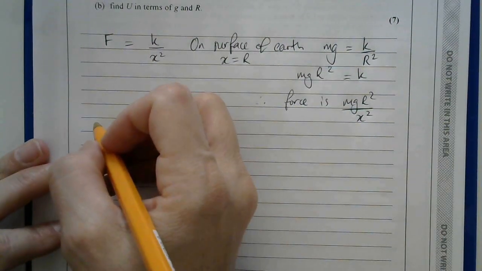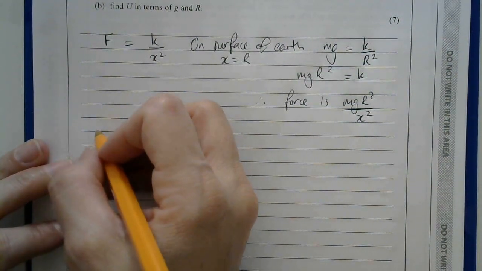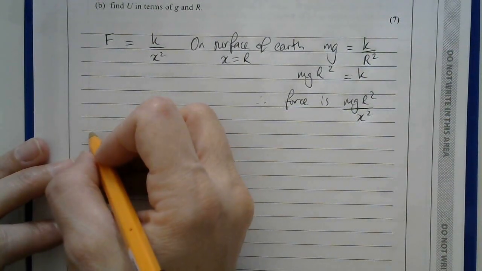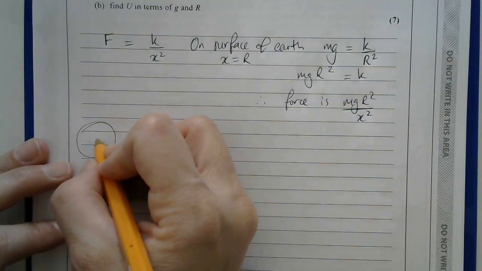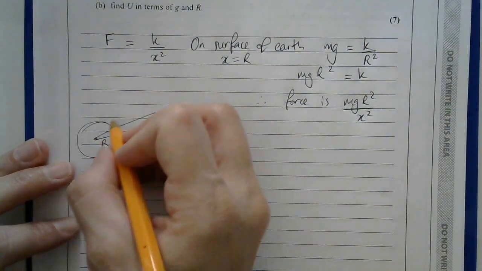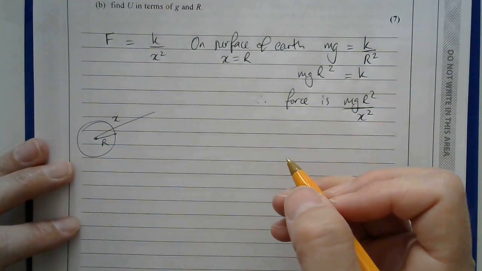So what can I say about this particle? I have the surface of the Earth, there's r, everything is measured from the centre of the Earth, so there's x.